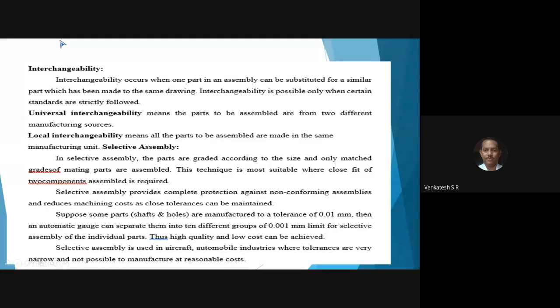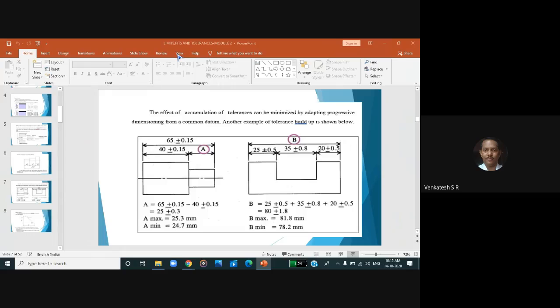For this question, write a minimum of 1 page in your own sentences. Consider universal interchangeability, local interchangeability, and selective assembly. Write a note on interchangeability. Now, I stop at this stage and I will continue in the next class.